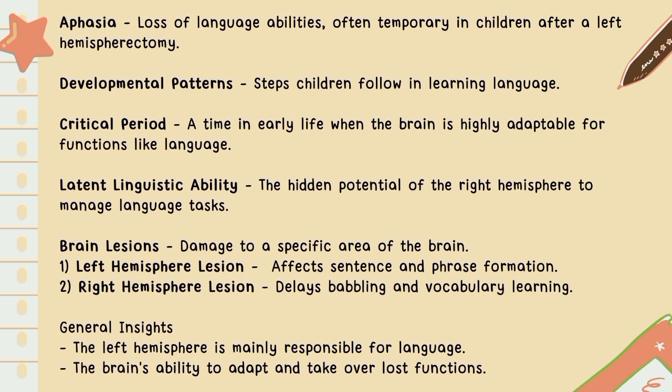It means the brain's adaptability for language is greatest in early childhood and declines with age. So, brain lesions mean damage to a specific area of the brain. There are two types, the left hemisphere lesion and the right hemisphere lesion.